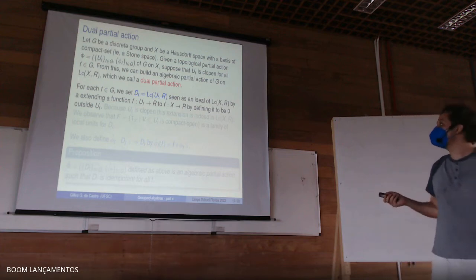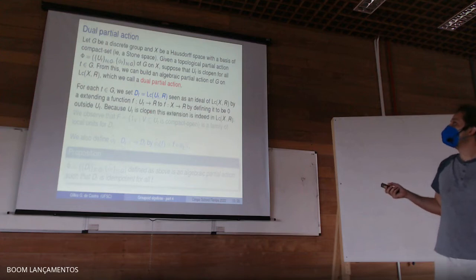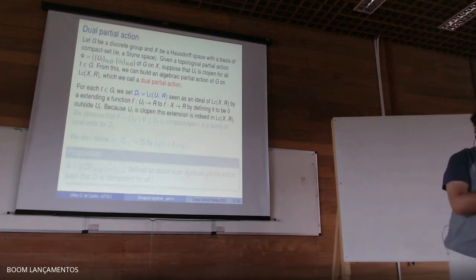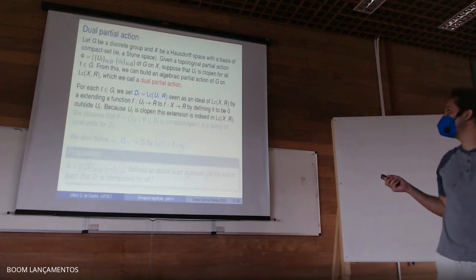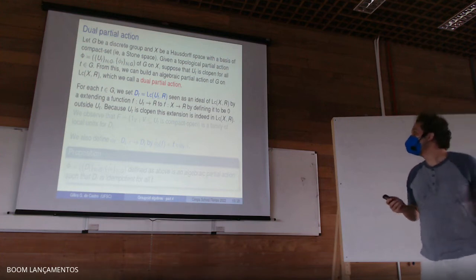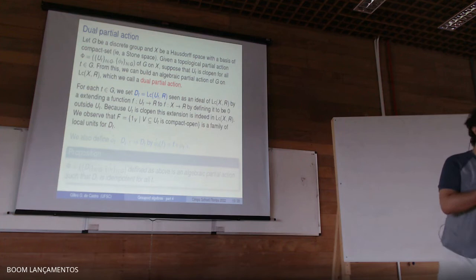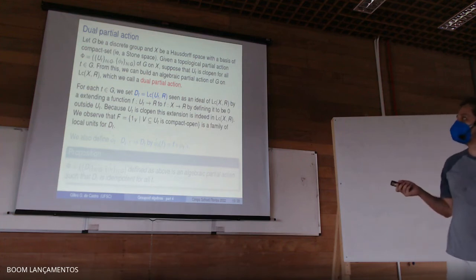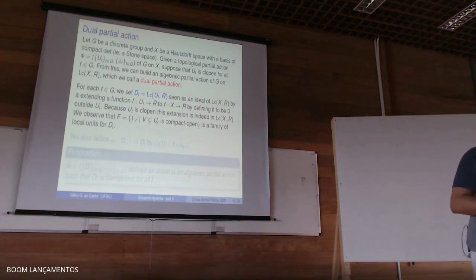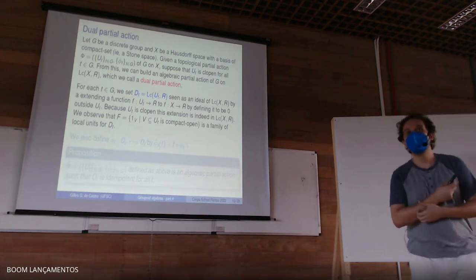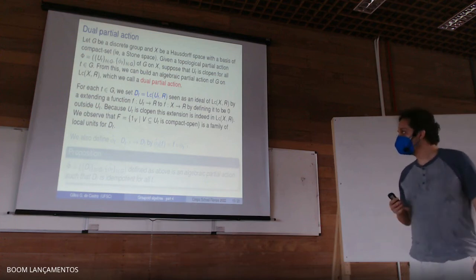And this is again going to be a locally constant function on all the space X. And we observe that these D_t's are going to have a family of local units, which are the characteristic functions of compact open subsets of U_t. So the ideals are going to be idempotent, so the cross product is going to be associative.